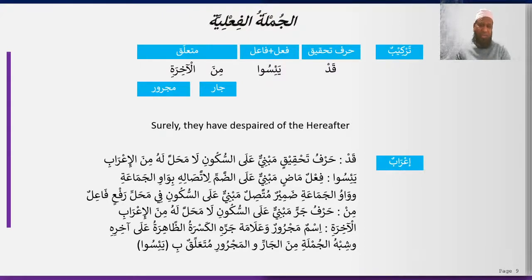If it doesn't connect, how do we know it doesn't connect? We translate in our head. Does the translation fit? If it fits, it connects. If it doesn't fit, it doesn't connect. Then you have to look for the فعل محذوف, استقر.